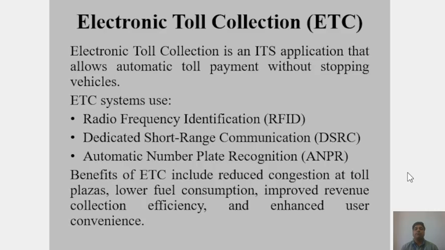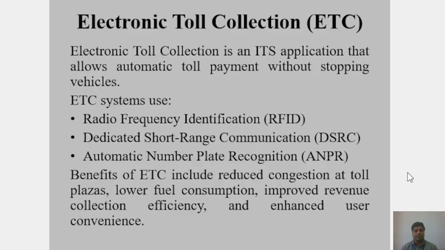Speaking to them one by one, in this ETC, which is electronic toll collection, whenever the vehicle is approaching the toll plaza, the transponders at the toll plaza are hitting the barcode on the vehicle, such that some sort of radio frequency identification is happening.